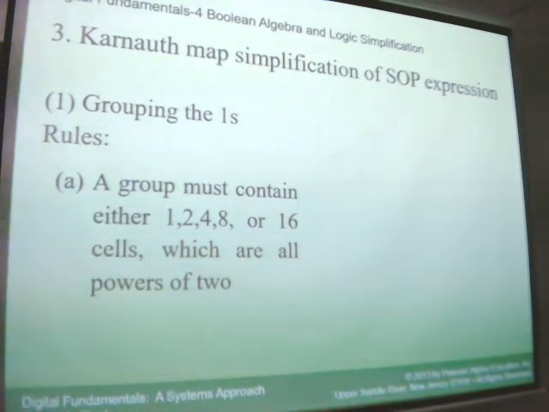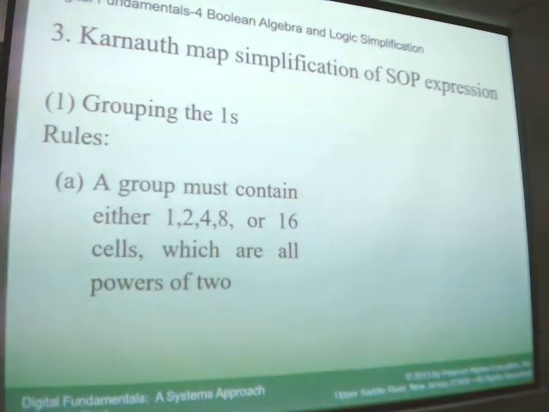And the Karnaugh map can also be used to simplify an SOP expression. So we must remember the grouping rules, grouping the ones. A group must contain either 1, 2, 4, 8, or 16 cells.